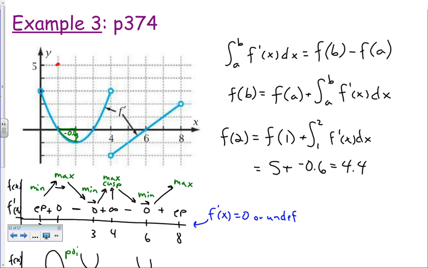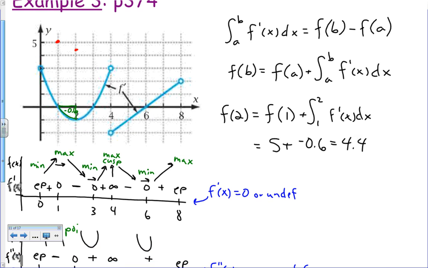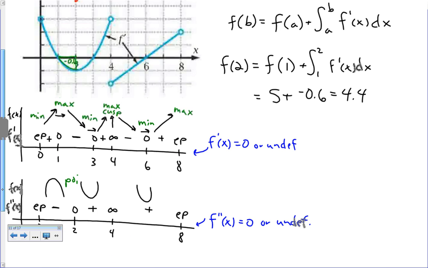So I can come over here to 2 and plot a point of 4.4. And I can continue doing this. I'm going to do this for several more points. Actually, I want to do this for the rest of the points here that we have.